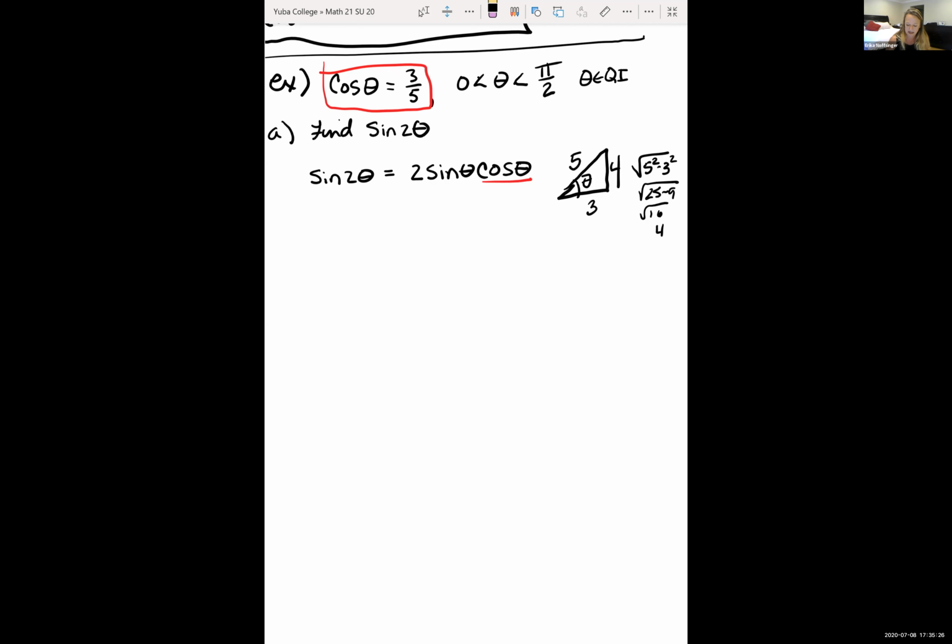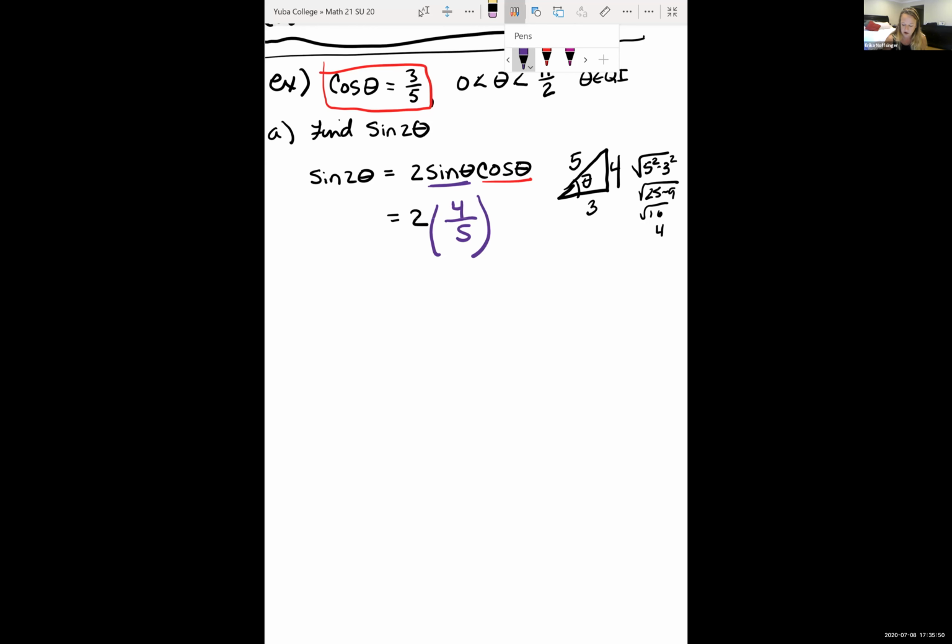So now we can easily figure out what sine of 2 theta is. So sine of 2 theta, I'm sorry, sine of theta is, well, actually we do want sine of 2 theta. But sine of theta here is opposite, which is 4, over hypotenuse, which is 5. And we know we're in quadrant 1, and so we're okay.